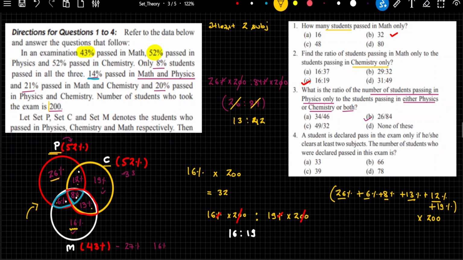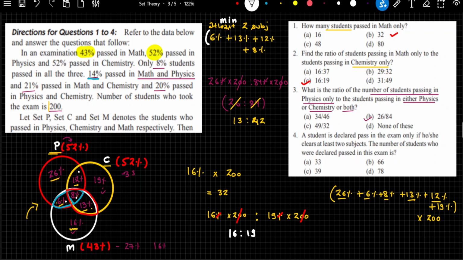So I'll pick this value 6%, and then I'll pick 13% because this is also representing students passed in 2 subjects. 12%. Also, I'll include 8%. Need to understand, when we say at least, the bar is at minimum. At least 2 subjects should be passed. It means if someone has passed in more than 2 also, they will also be passed, we won't call them fail.